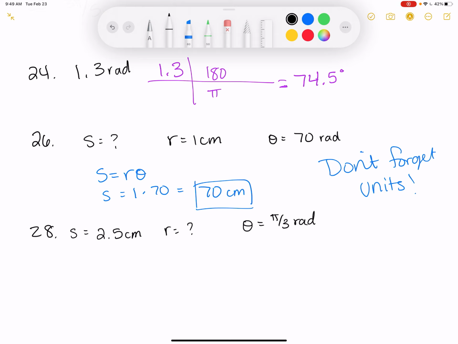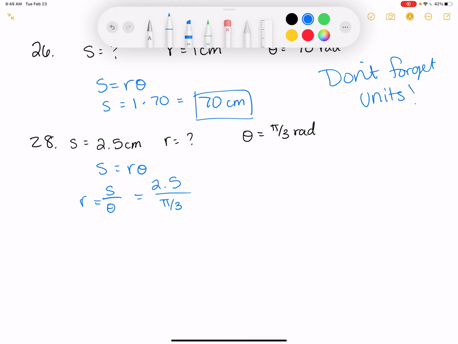So S divided by theta is equal to R. So this is 2.5 divided by pi over 3, or 3 times 2.5 over pi.